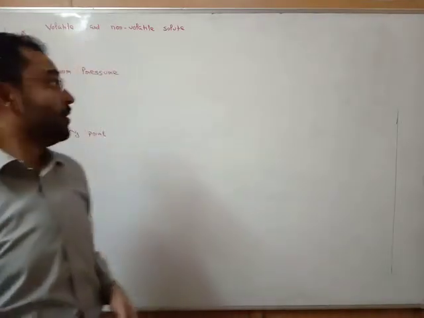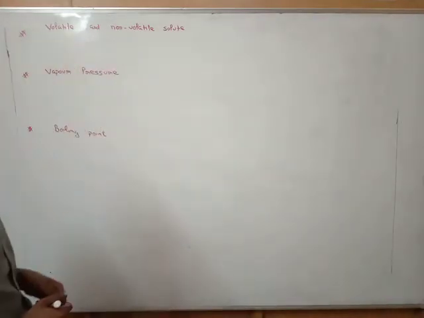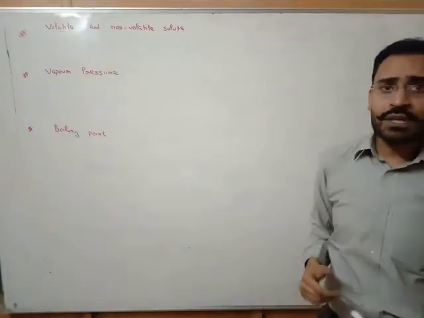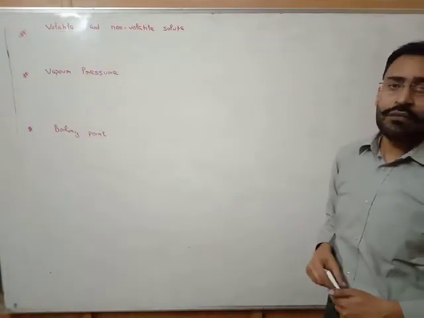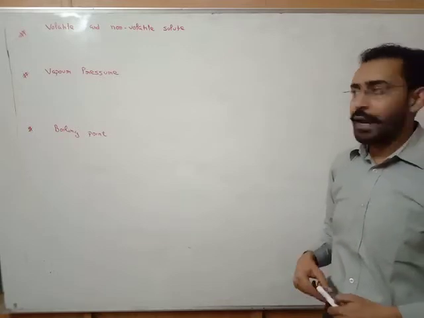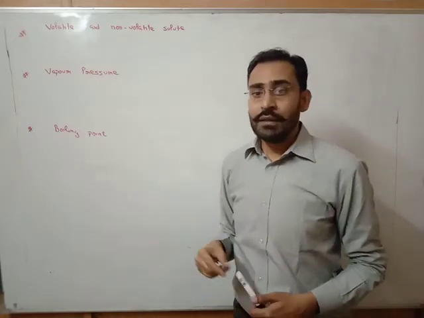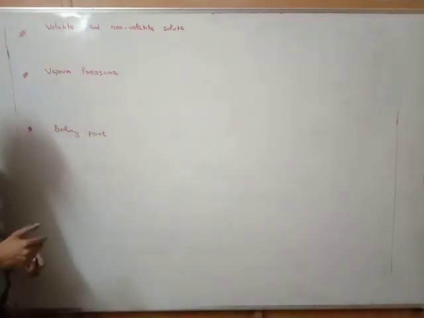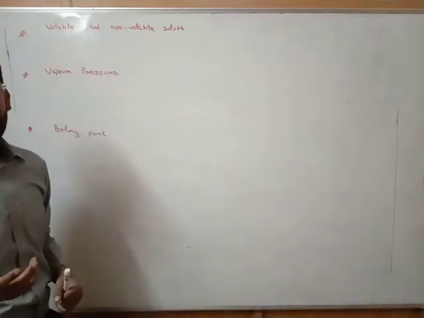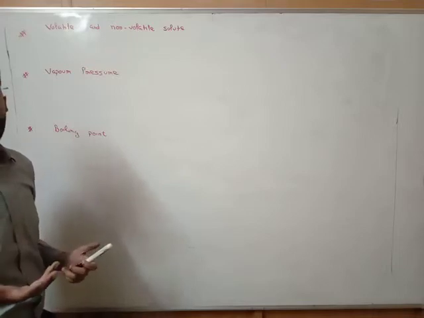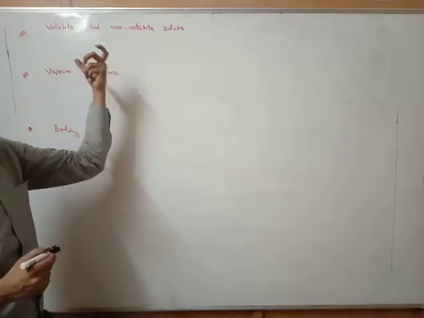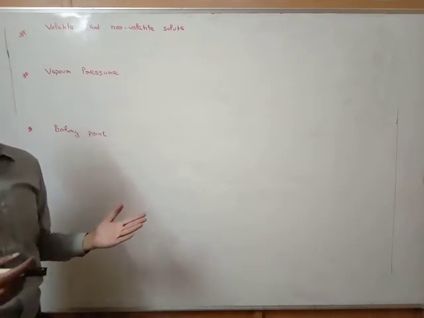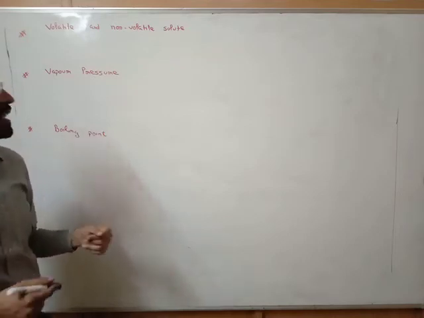After Henry's law, students, we will discuss types of solutes. Generally, substances or say solutes are of two types, volatile and non-volatile. A volatile substance is one which is capable of forming vapors at a given temperature, at normal temperature say. And a non-volatile solute is one which is incapable of forming vapors.